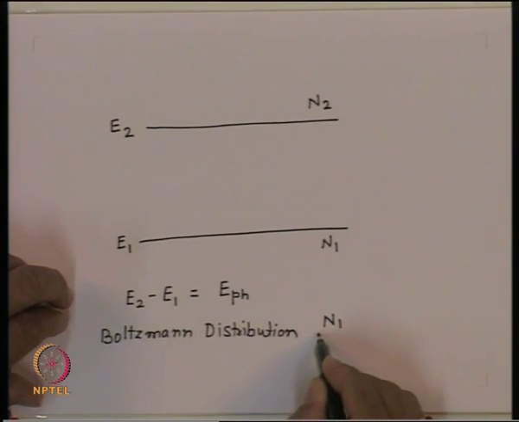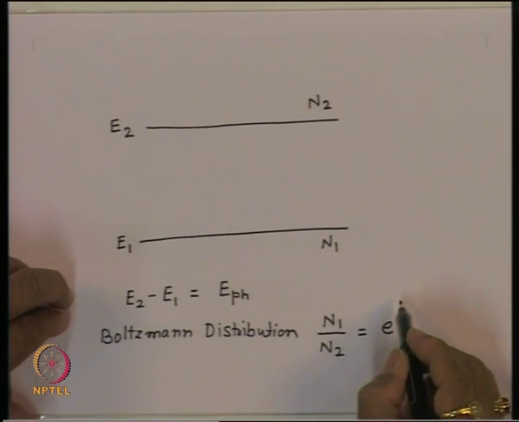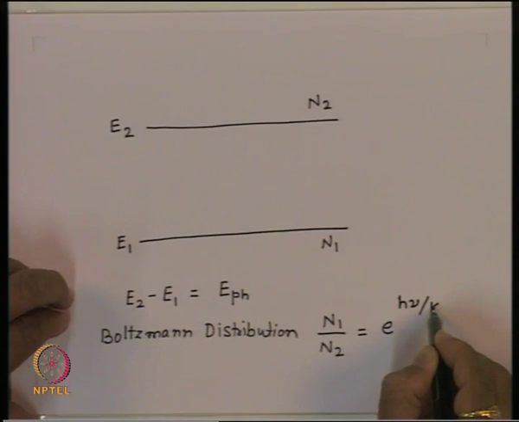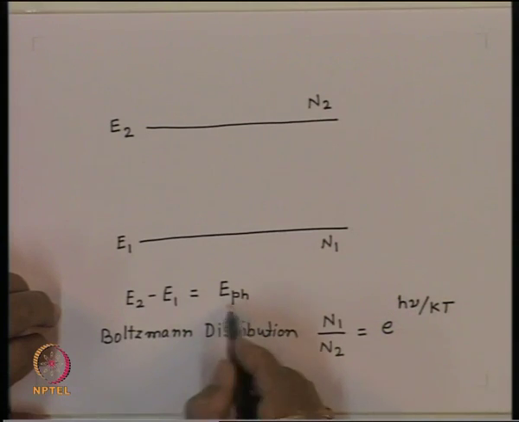N1 upon N2 will be e to the power h nu upon kT, where h nu is the energy difference in these two levels. So h nu in this case is E photon.